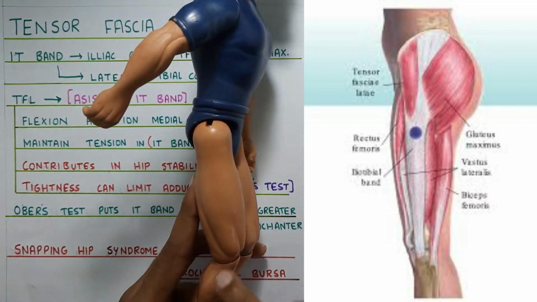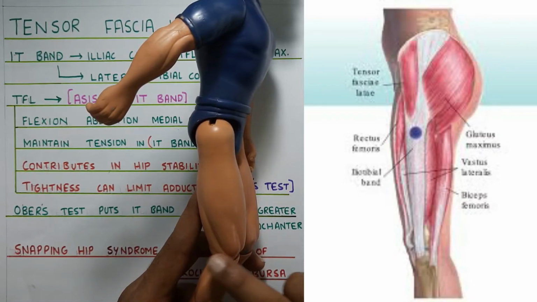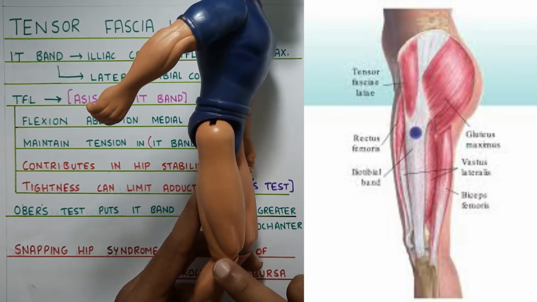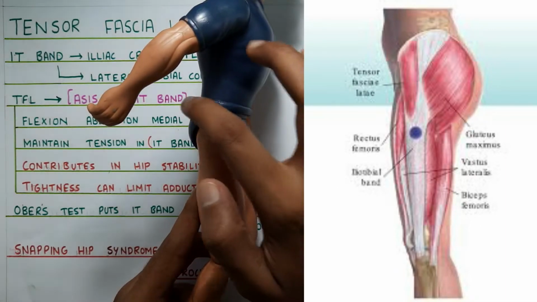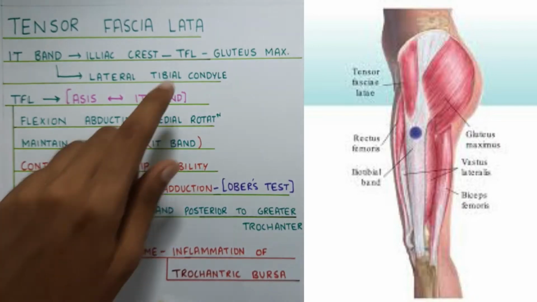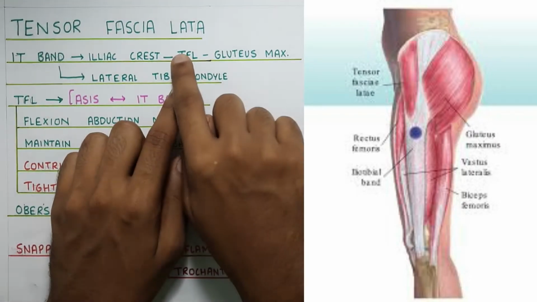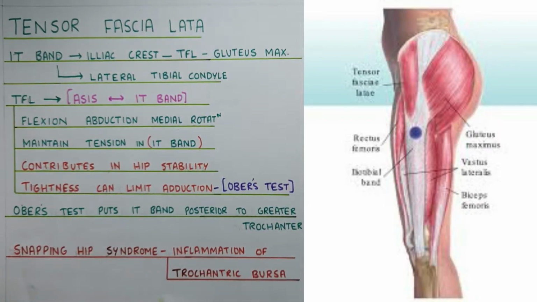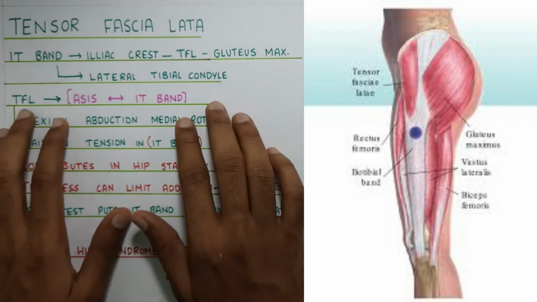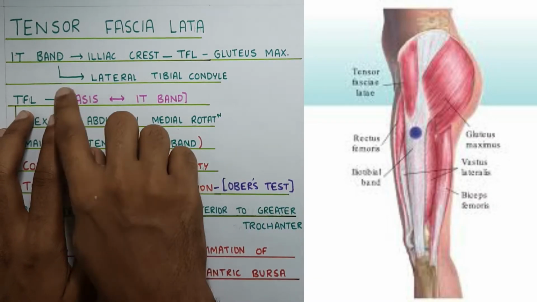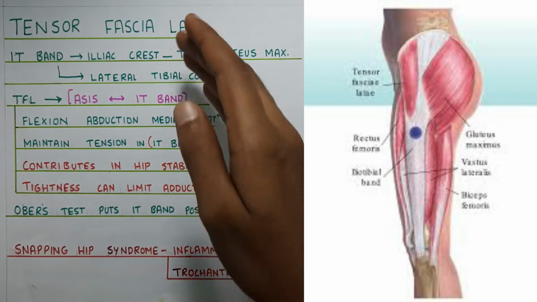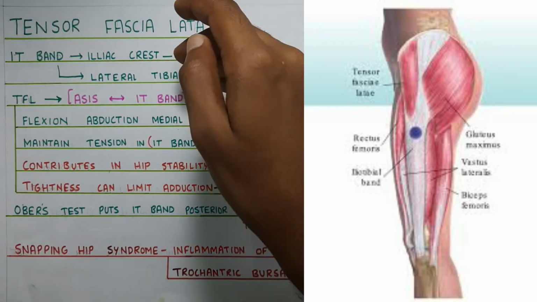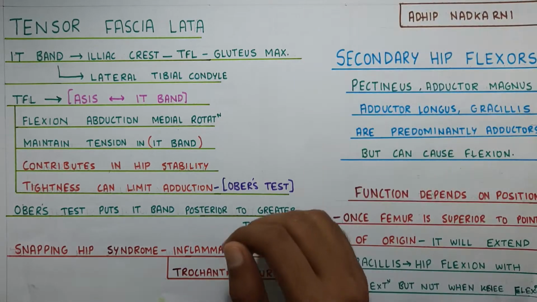So if you take a joint, it's over here at the lateral aspect of the tibial condyle, and then the IT band goes and attaches to the iliac crest through your TFL, that is the tensor fascia lata, and also gluteus maximus. The tensor fascia lata goes from the ASIS and then attaches to the IT band. So that is the placement of your tensor fascia lata, from the ASIS to your IT band.